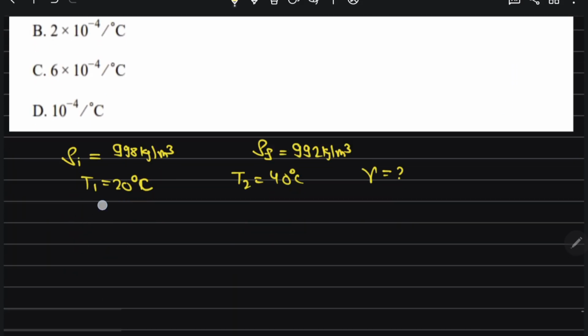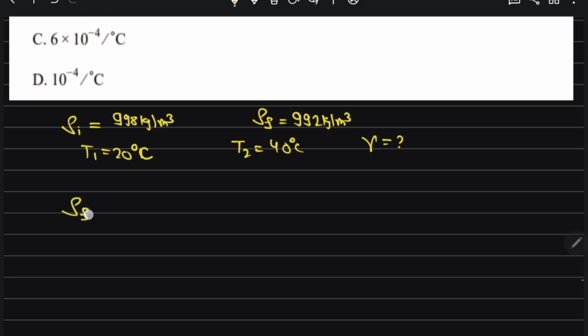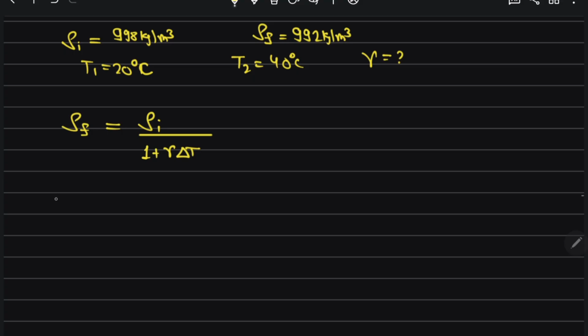We know that for the coefficient of volume expansion, rho final is equal to rho initial divided by 1 plus gamma delta t. Rho final is 992, rho initial is 998, and delta t is 40 minus 20.